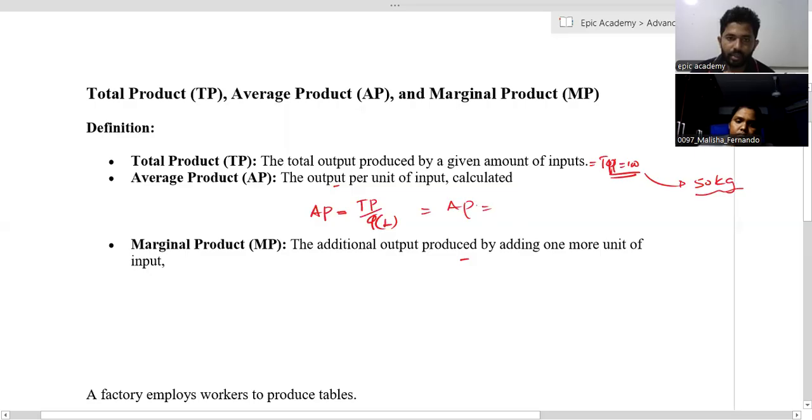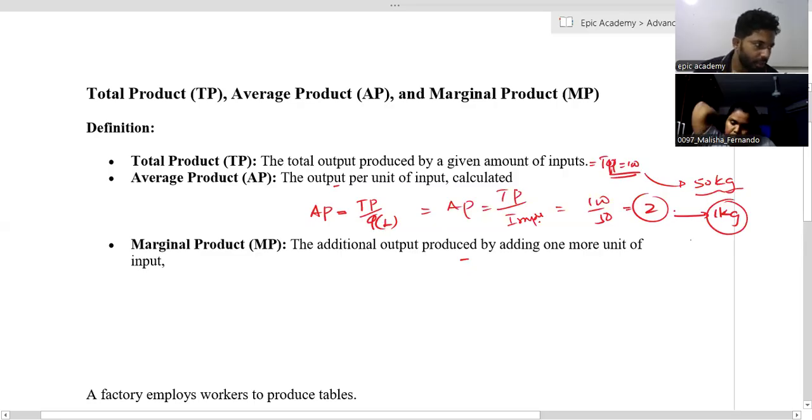Average production is equal to TP divided by input. Input means variable input. That means 100 divided by 50. It is just 2. 2 means by using 1 kilo of flour, you can produce only 2 breads.